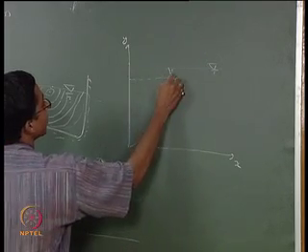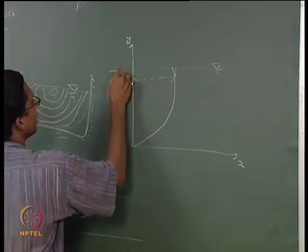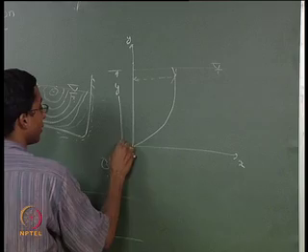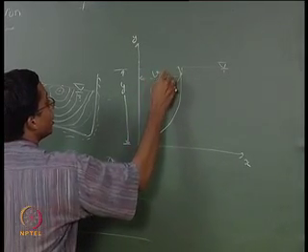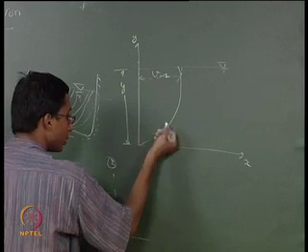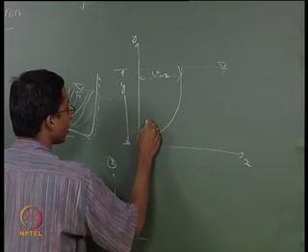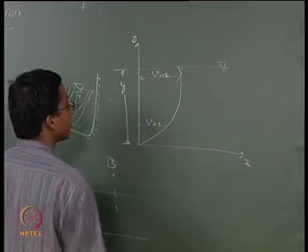If this is the depth of flow y, this may be the velocity at 0.2 times the depth, and there can be a velocity at 0.8 times the depth.